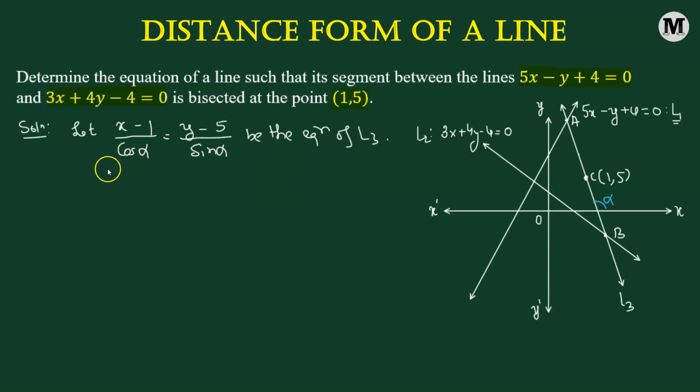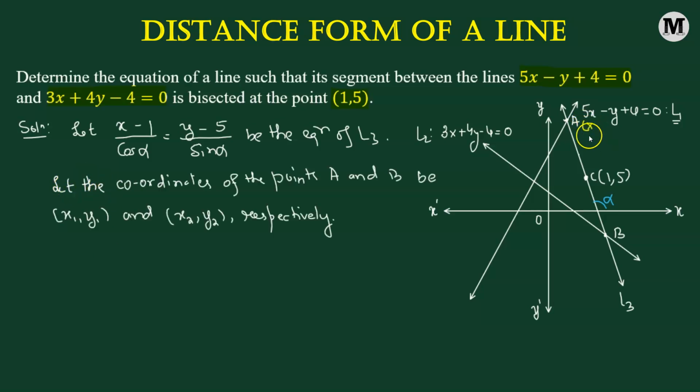Now we are again going to apply the distance formula in terms of the two points A and B. Let the coordinates of the point A be x1, y1 and the coordinates of point B be x2, y2. Again, we can apply the distance form, considering the point A and the point C. When we apply the distance formula, we need the difference of the x coordinate.